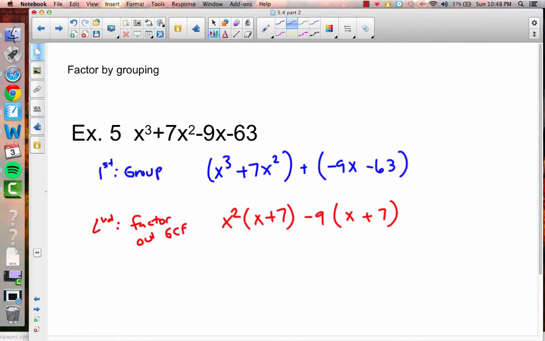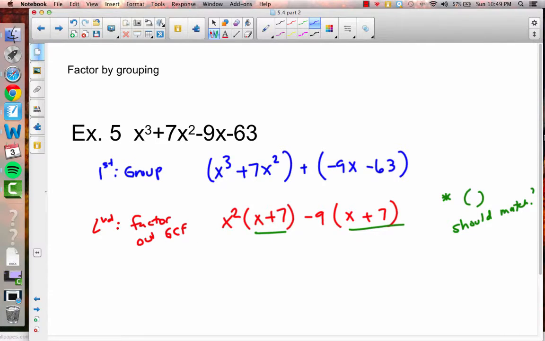And what you should notice, and this is very, very important, is that the parentheses should match. If they don't match, then you might have something wrong, or maybe you grouped the wrong things. So the x plus 7 and the x plus 7, they match. That's a good thing.